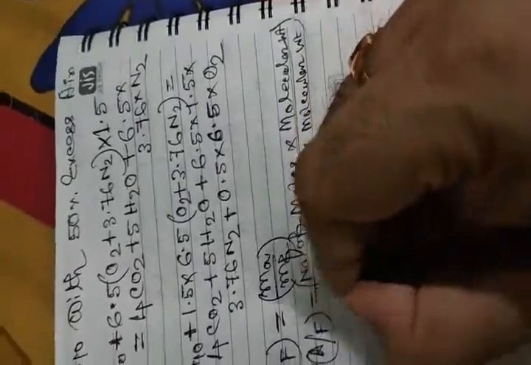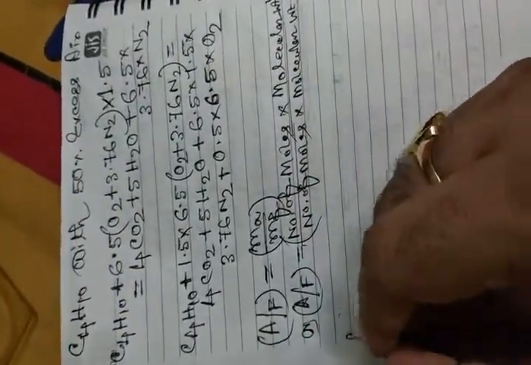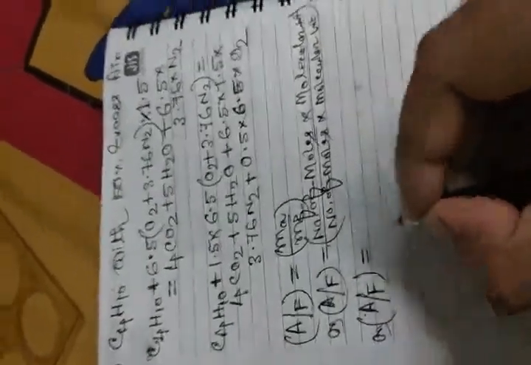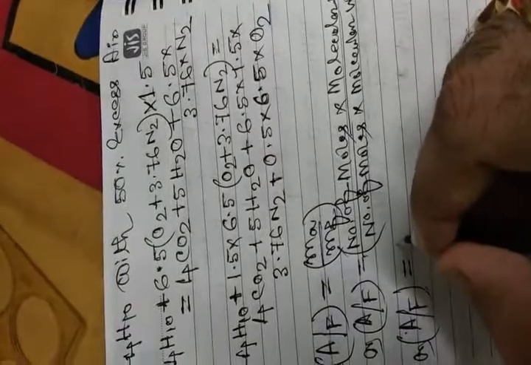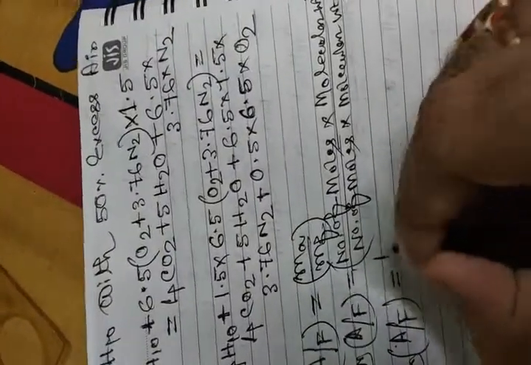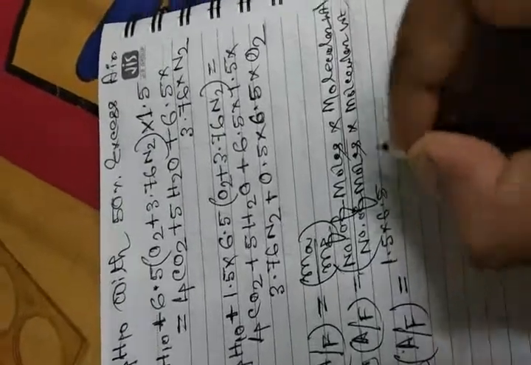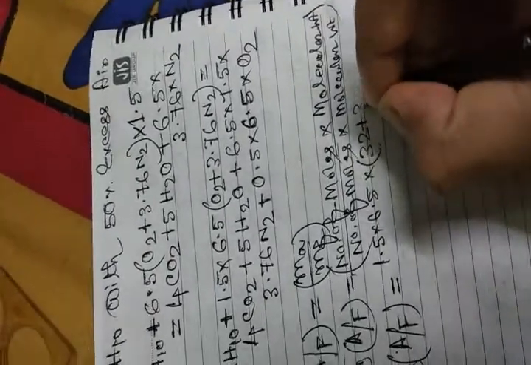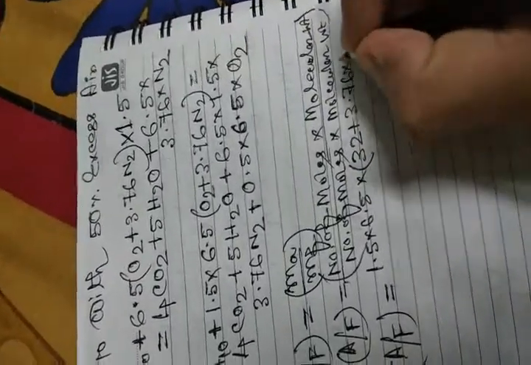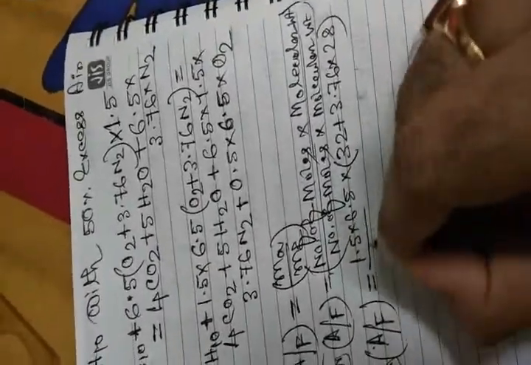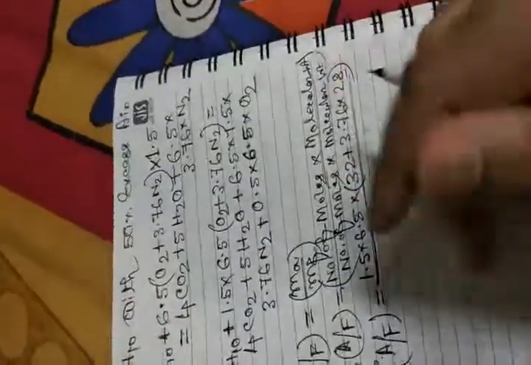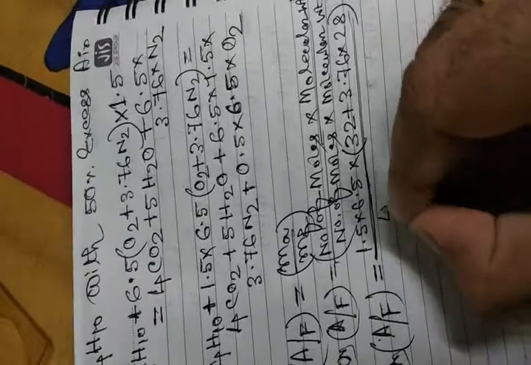So now the air-fuel ratio, from here, mass of air is 1.5 into 6.5 into 32 plus 3.76 into 28, divided by 48 plus 10.